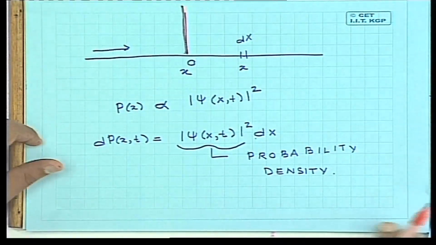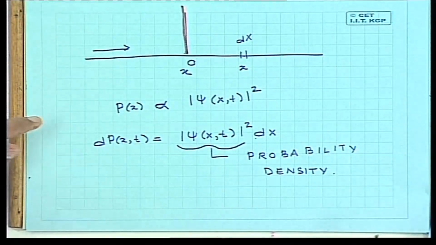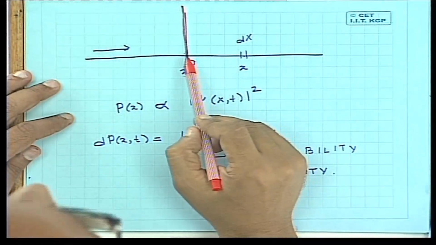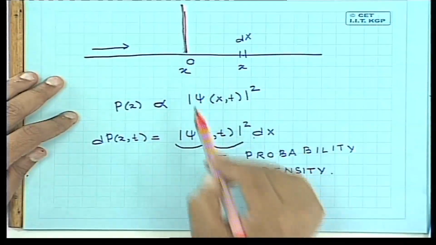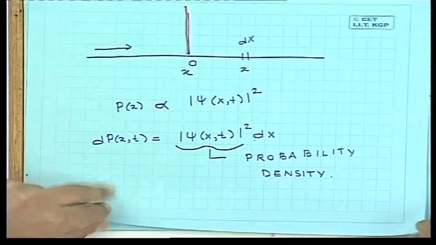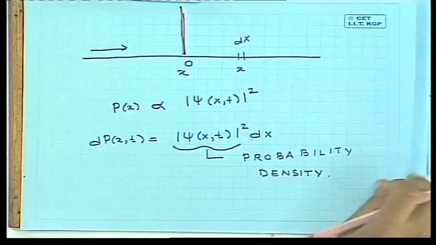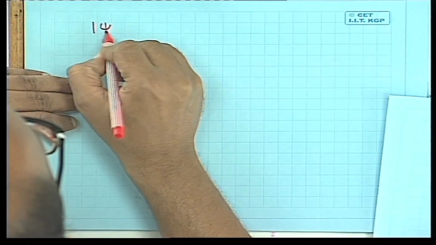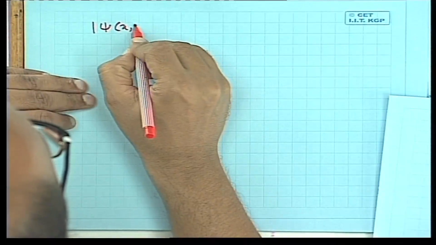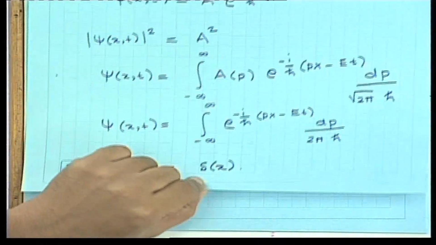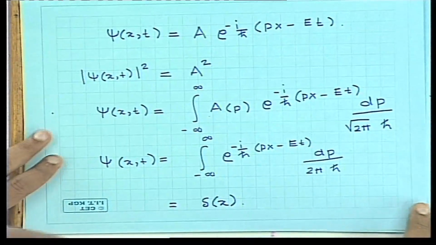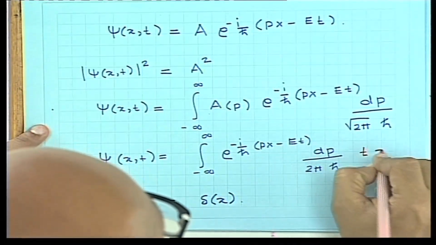So in this case what we find is that the particle is localized at x equal to 0. The particle is located at x equal to 0 because the wave function is non-zero only for x equal to 0, and the mod square of the wave function, okay, I should have pointed out one thing earlier, we are considering the time t equal to 0.